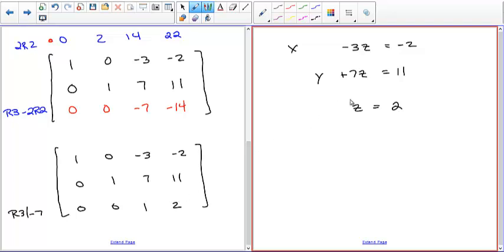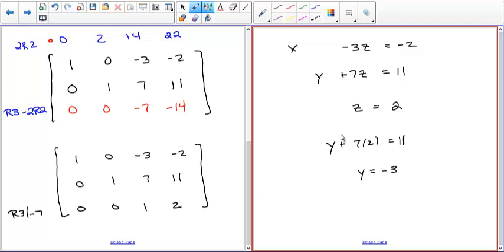You can see I've got z. If I plug 2 back in here, I'll have 7 times 2 instead of 7 times z. So y plus 7 times 2 is equal to 11. Y is equal to 11 minus 14, which is negative 3.